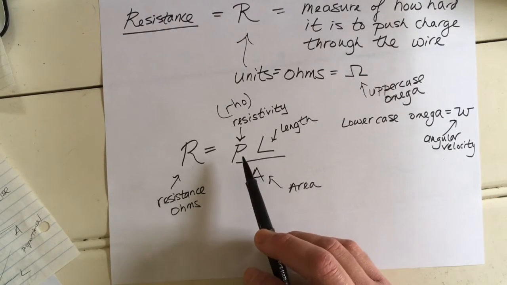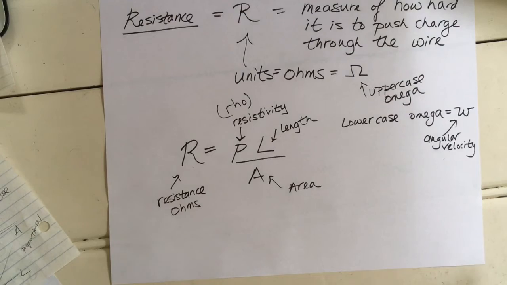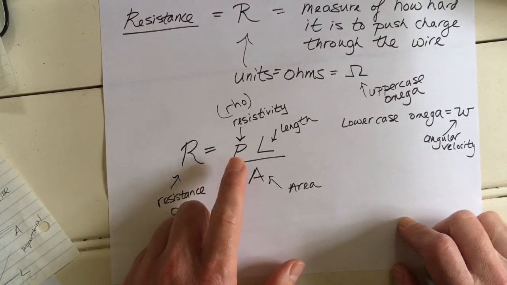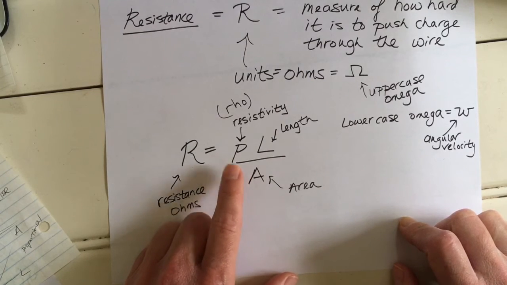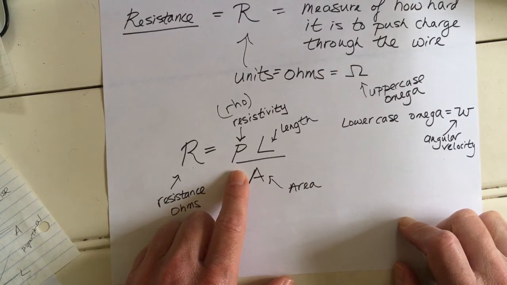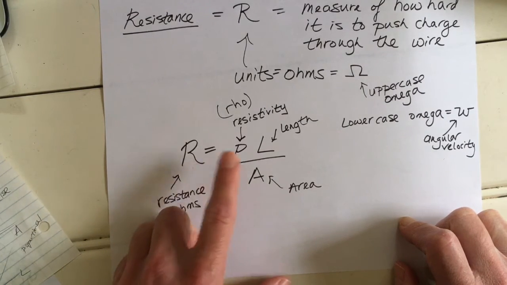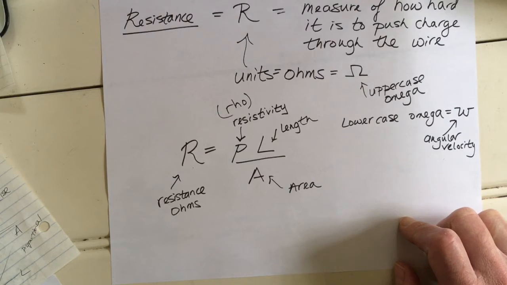And finally, we have something called resistivity. And this is saying that the type of material that is in the wires matters, right? This is kind of like mass and density, in a way.